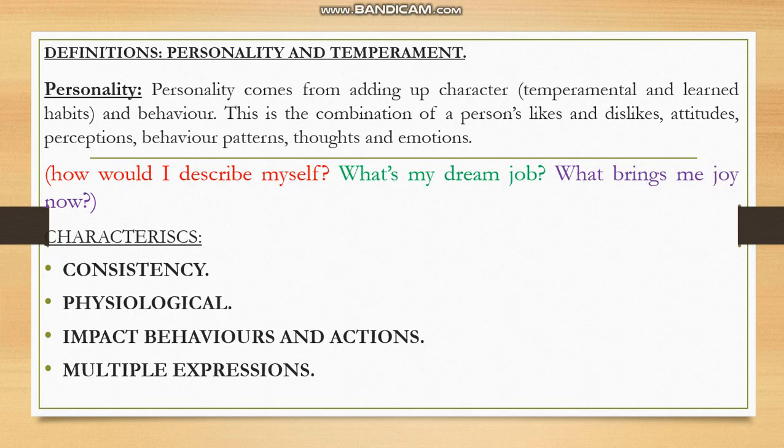Remember, I said we're going to talk about personality and temperament. So let's start with personality. This is the unique combination of a person's likes and dislikes, attitude, perception, behavior, thoughts, and emotions. This is what you like and what you dislike.